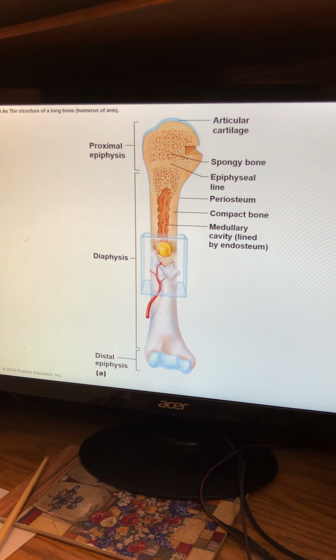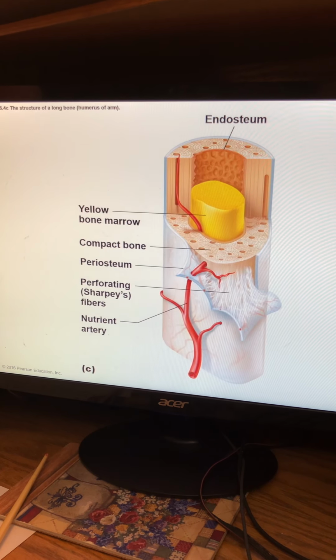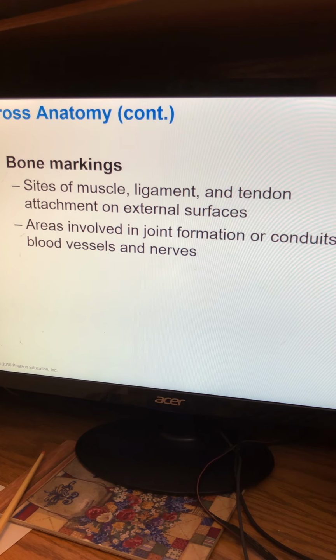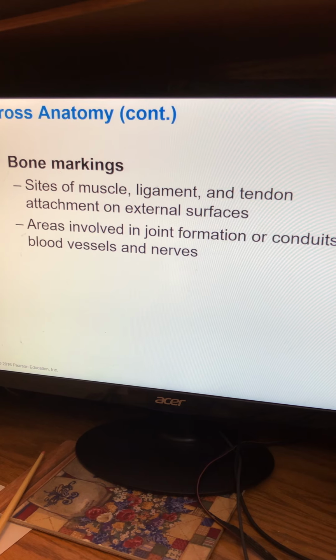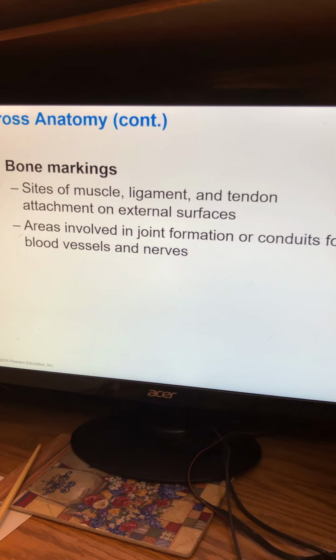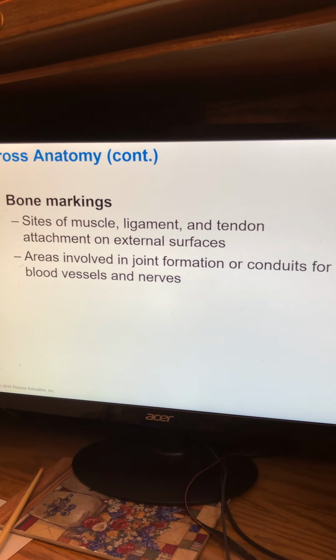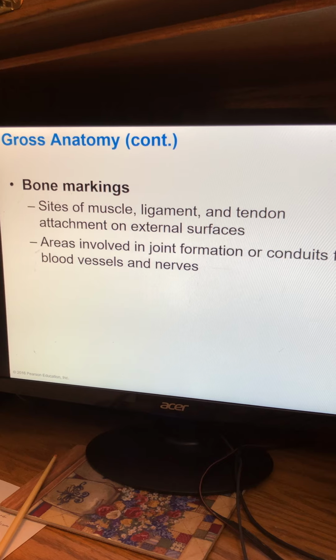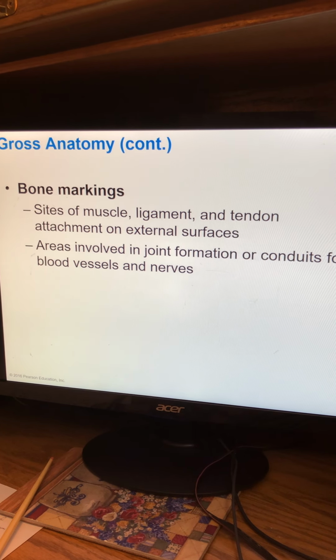The thing that I want to talk about tonight is going to be bone markings. So although in the lecture portion, whoever is teaching that course is going to be talking about how bones are going to grow and expand and get bigger, the lab portion talks about the bumps on the bone.